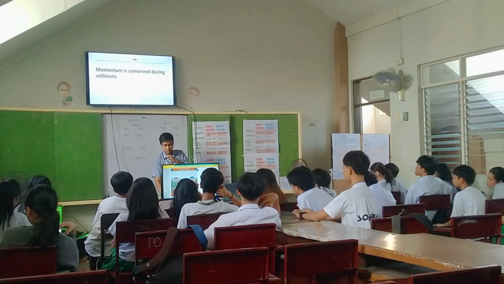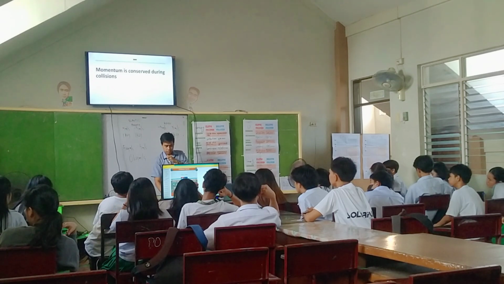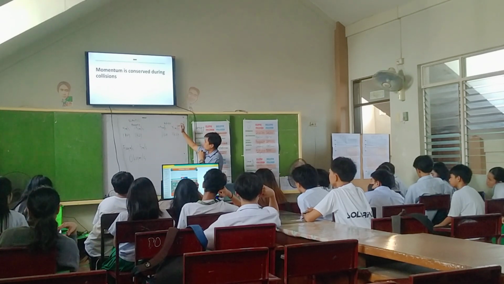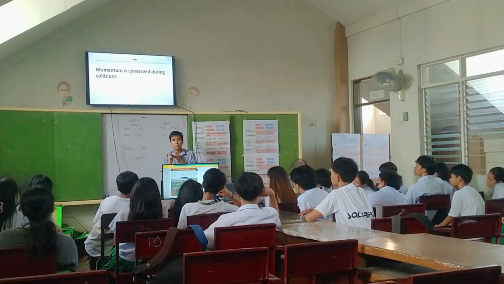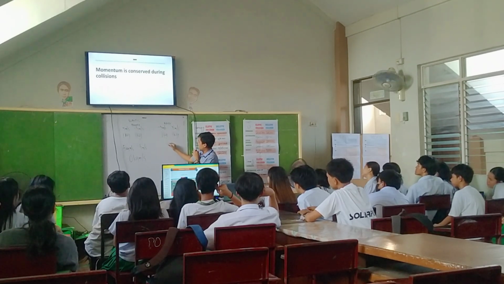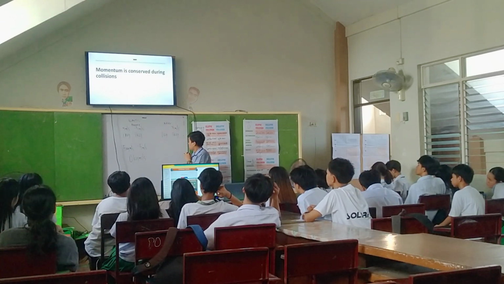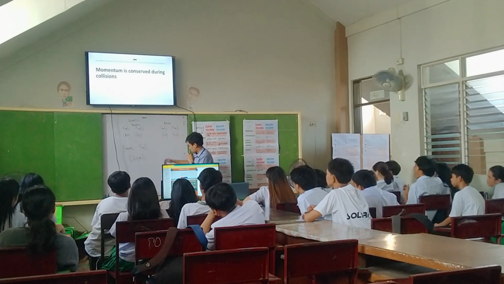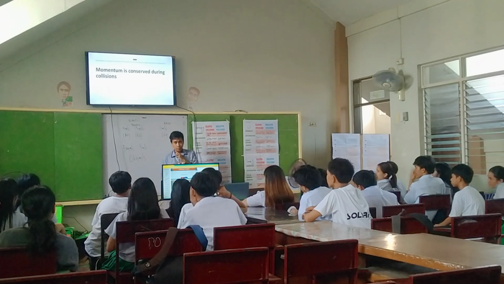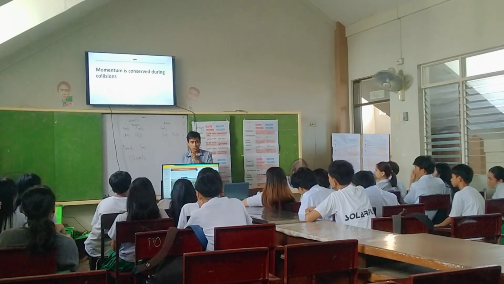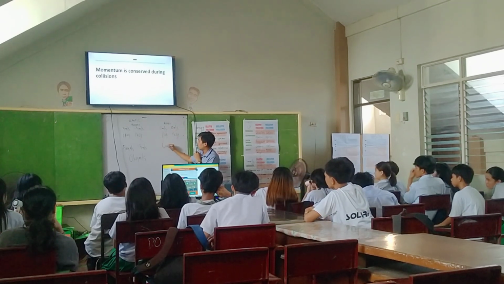Now, let us see after the collision. As you observe, what is the final velocity of the red car? 0 meters per second. What about the blue car? What is the final velocity? 0 meters per second.